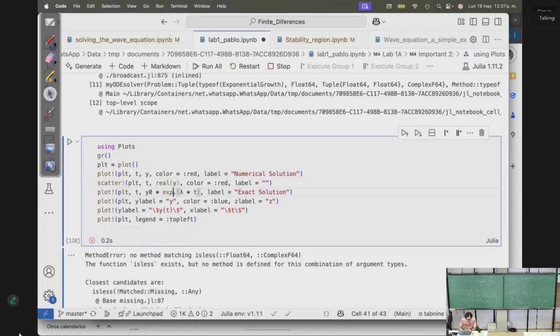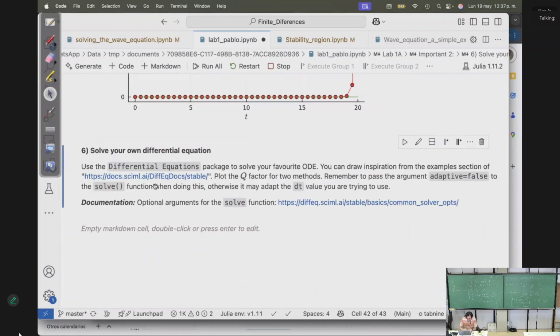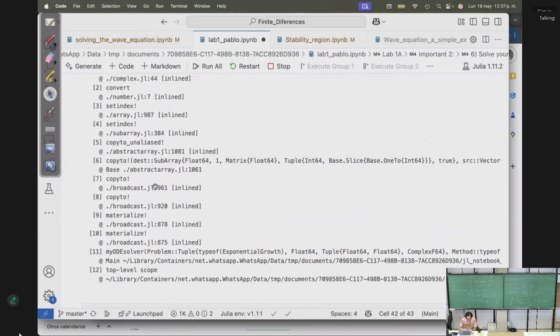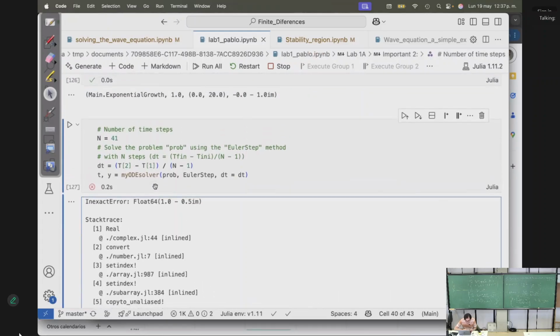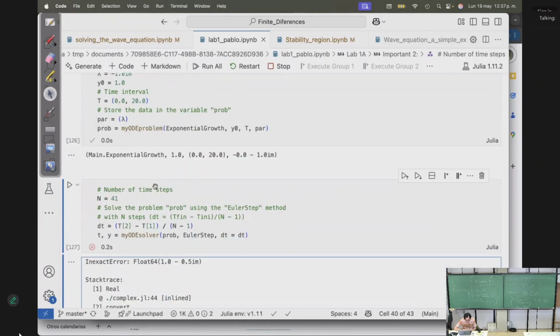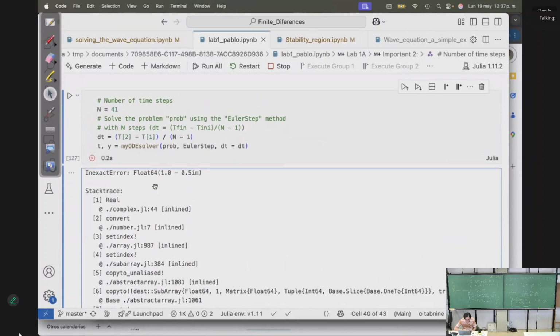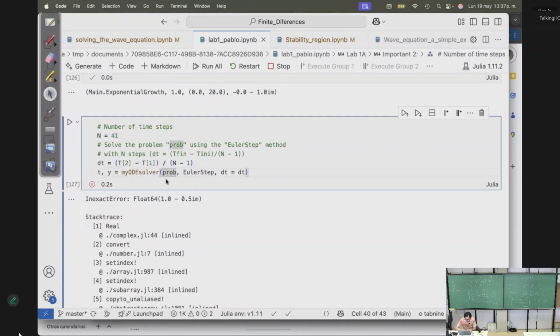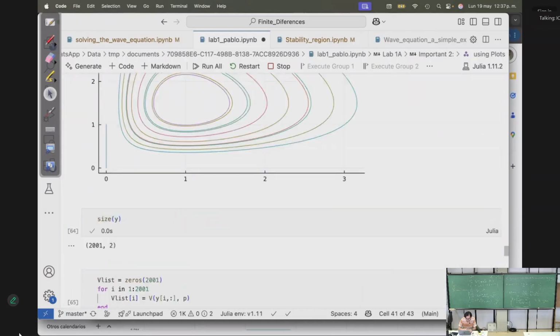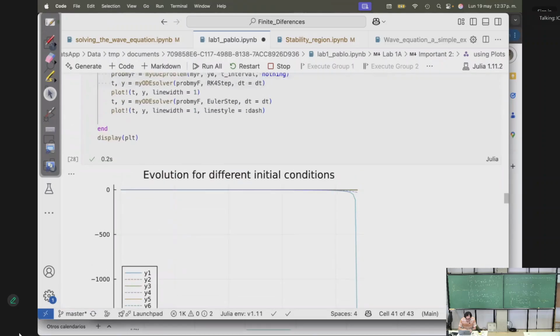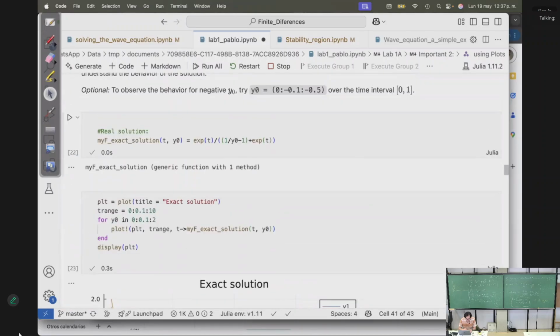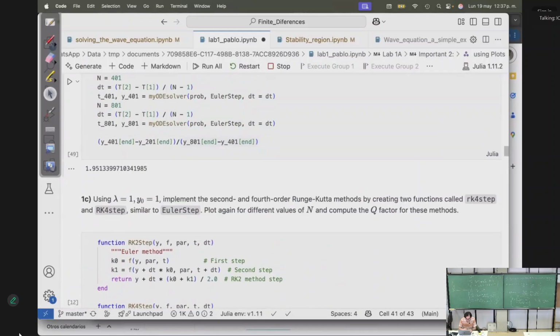Let's see if this works. Yeah. In the Euler step it's not actually working, because maybe the Euler step expects something.